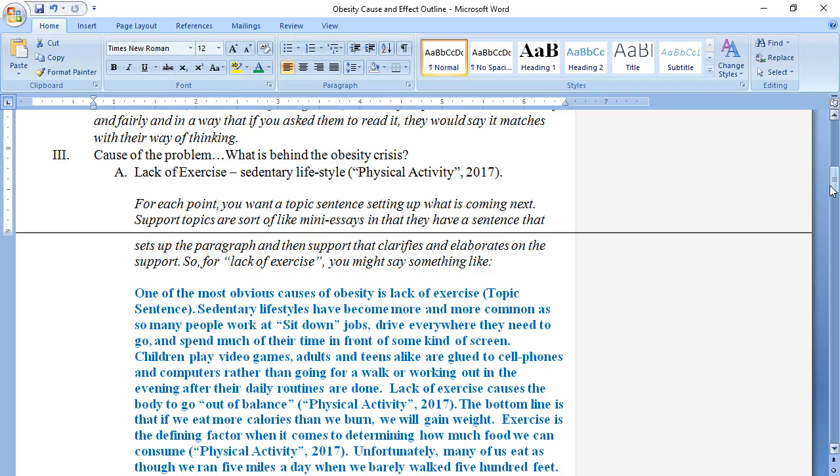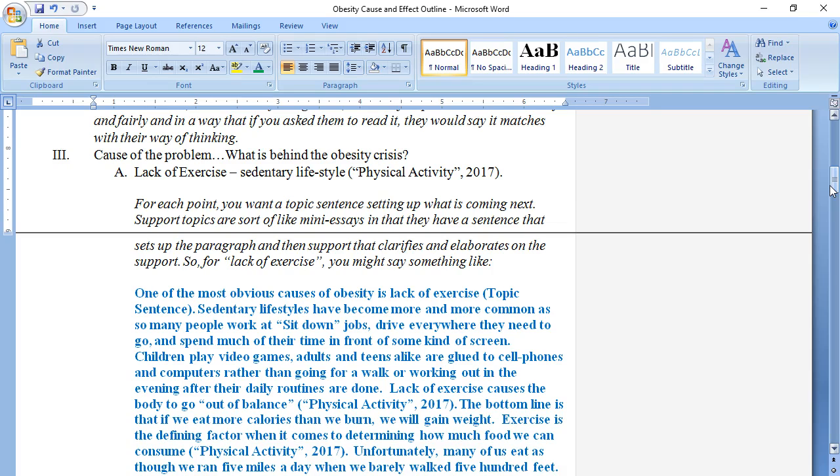For this one, I focused more on causes, and there's a bunch of causes. As I was looking up information to support the causes, it occurred to me that any one of the causes could be expanded on, and you could write a whole paper on it. You know what I mean? You could just focus solely on eating problems, the eating aspect of obesity, whatever.